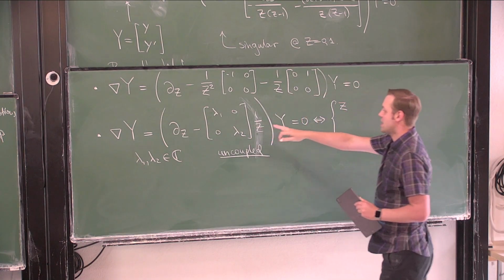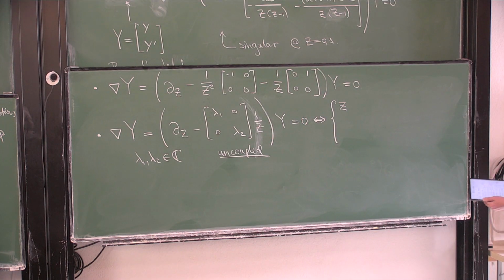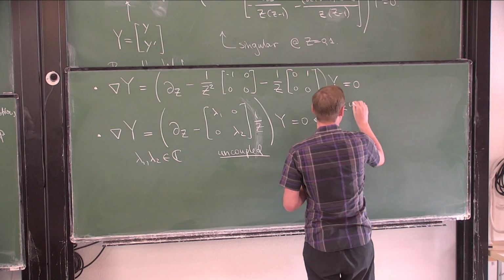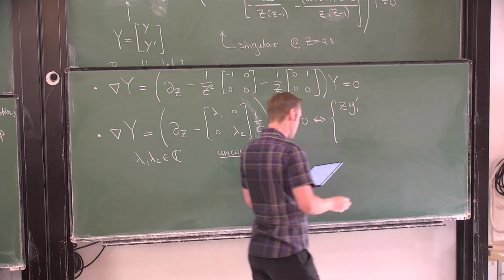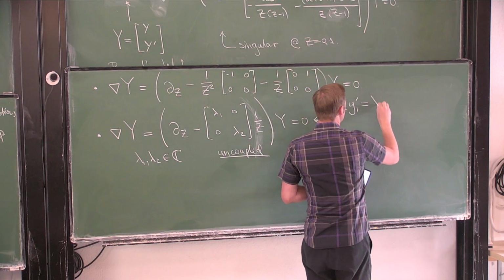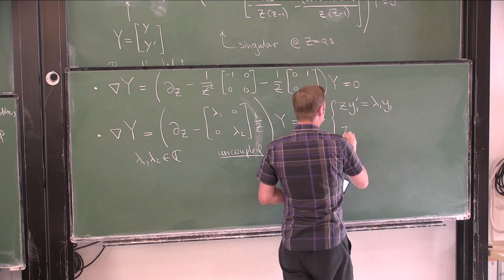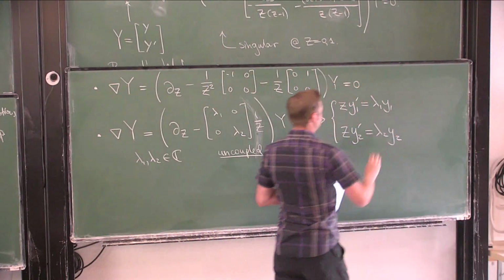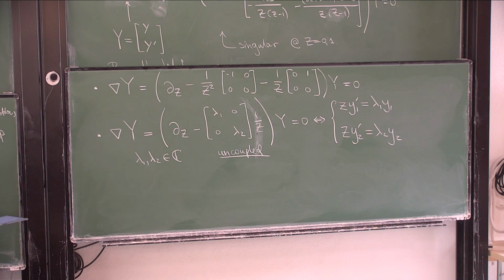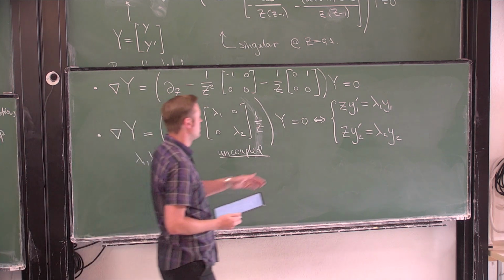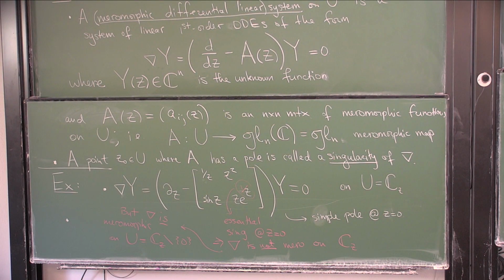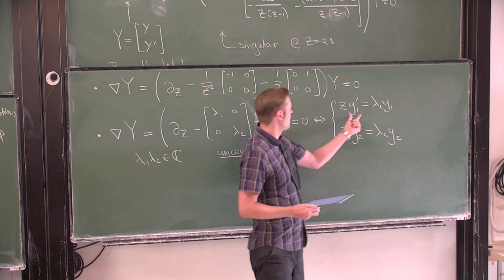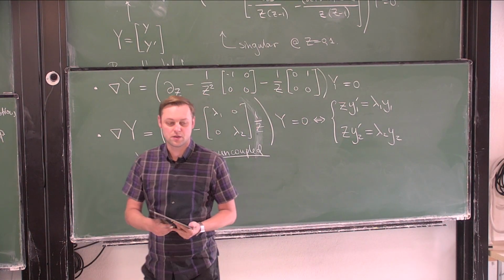So if I write them in a more familiar way as actual first order linear scalar differential equations, you get a system like this. And so what do you think is the solution of, let's say, this one? What kind of function y1 of z can I plug in here to get a true equality?